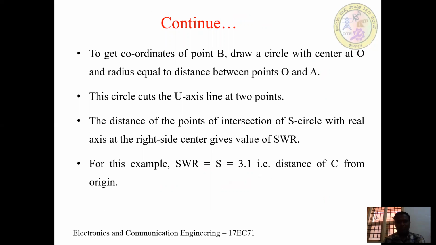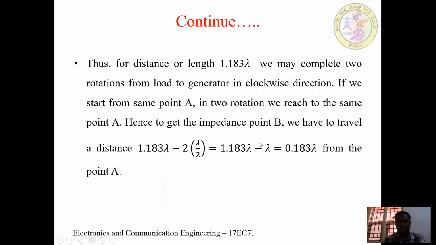To get the coordinate of point B, draw a circle with center at O and radius equal to the distance between points O and A. This circle cuts the real axis line at 2 points. The point of intersection of the circle with the real axis on the right side gives the value of VSWR, so it is 3.1.